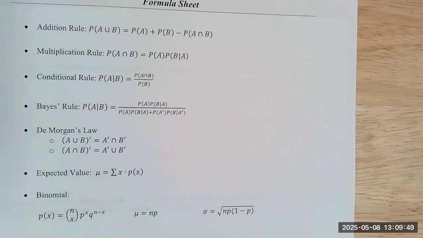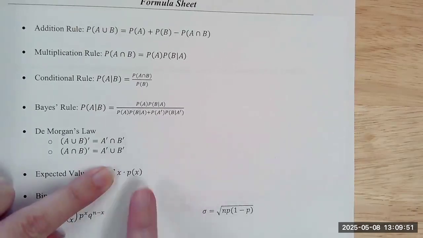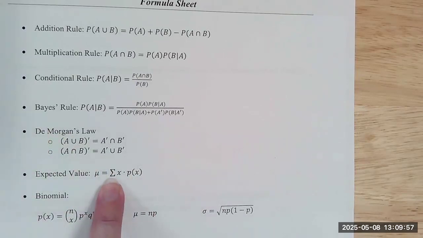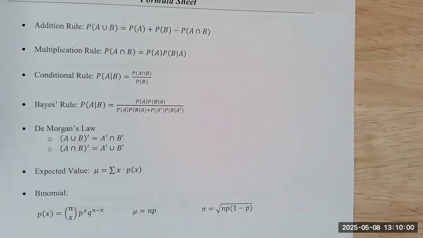So remember there was the table, and what we do is you take each of the rows, you take the x times whatever the probability is, and then we add them up. Well, that's where that sum thing is. And so you do each row times each probability, and then you add. That's this. If it's not a table, that formula is not going to help you out. So unfortunately, we have to remember that because this problem was a binomial problem, the expected value is going to be the mean formula. Yeah, good question.